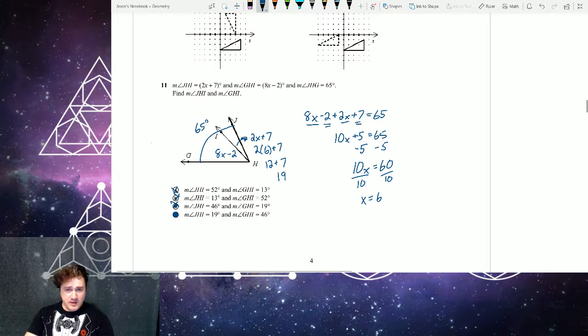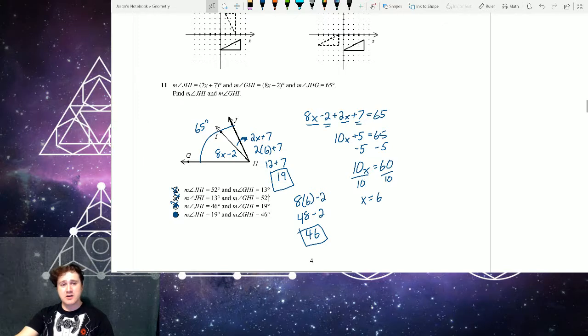So 8 times 6 minus 2, 48 minus 2 gives us a total of 46. So we get 46, 19, and x being 6. And again, that would give us the correct answer to be D on number 11.